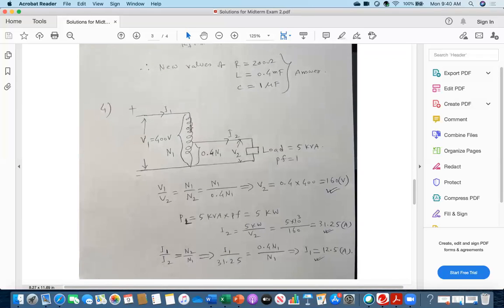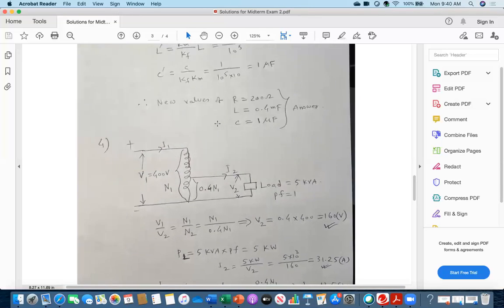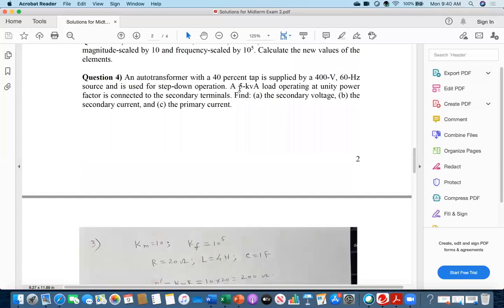Assume that an autotransformer means the same winding is shared by the primary and secondary. In the secondary there is a tapping, and that 40% tap is used for step down.